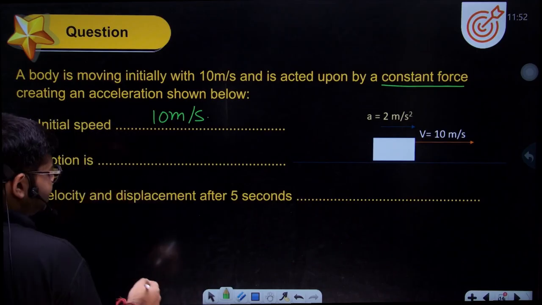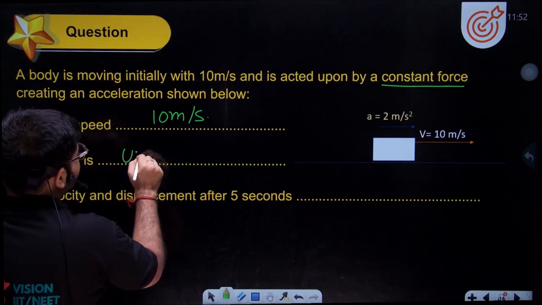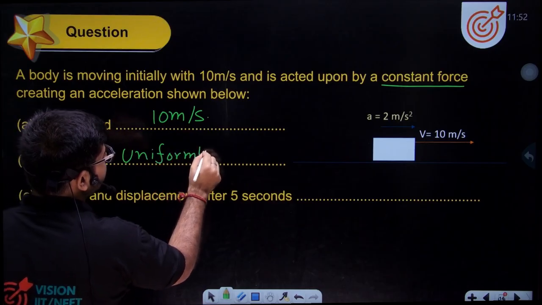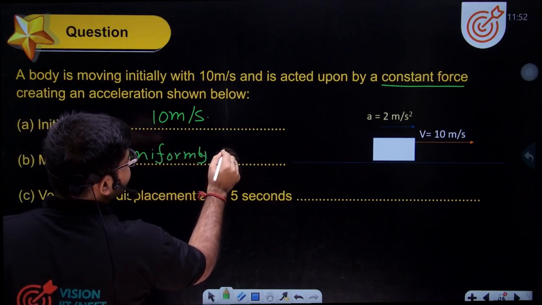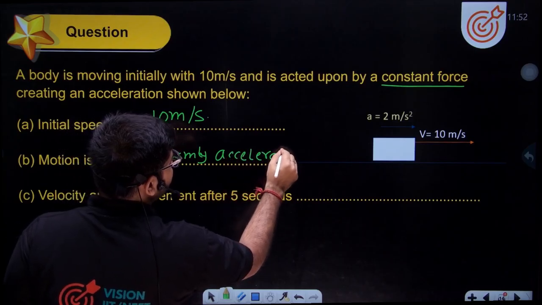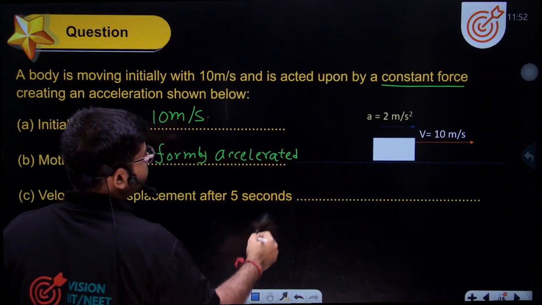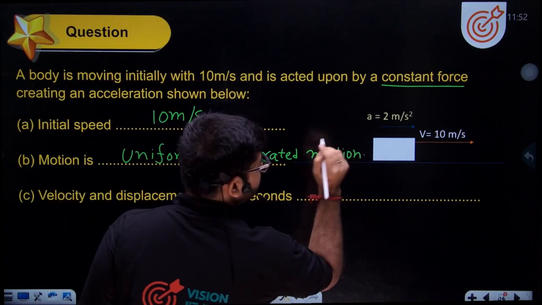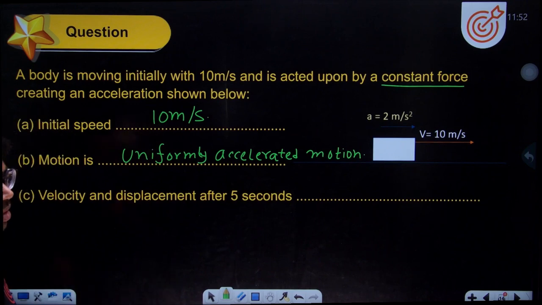So motion is, you can write, uniformly accelerated motion. So we have this, right?